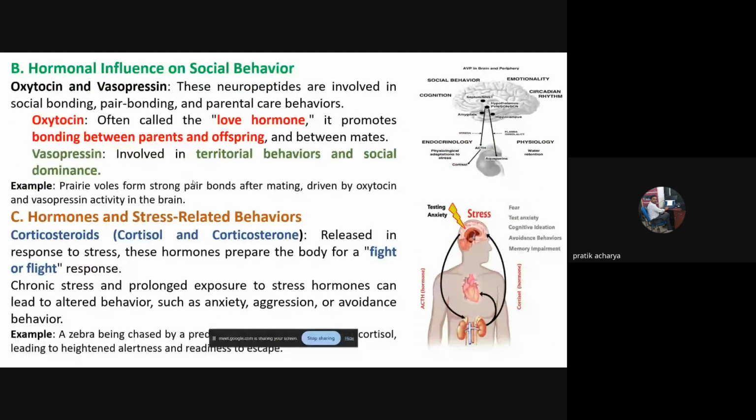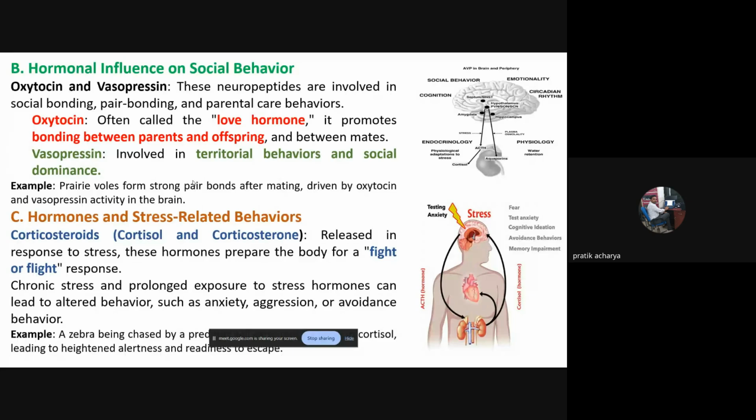The second one is hormonal influence on social behavior, that is oxytocin and vasopressin impact. Oxytocin, generally known as the love hormone: at the time of parturition, parturition means baby birth, there is more secretion of oxytocin.